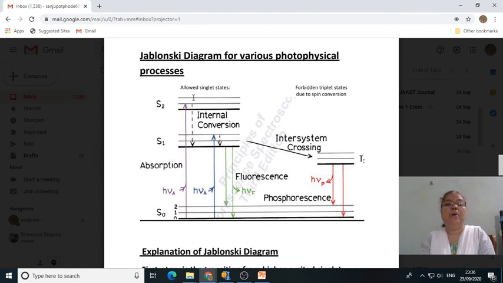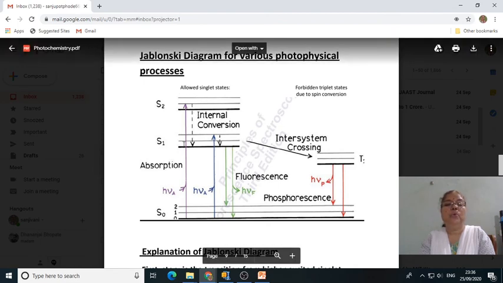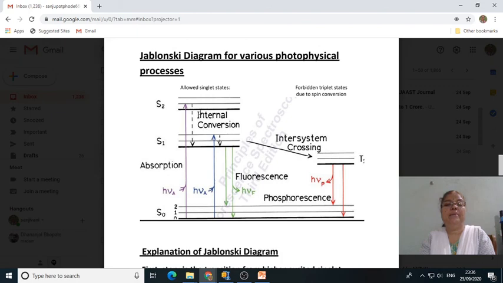From singlet 2 to singlet 1, this phenomenon is called internal conversion. These are non-radiative transitions; simply, the electron returns to singlet 1 from singlet 2.